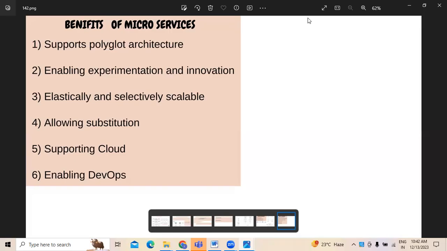And last but not least, as I mentioned some time back, one of the benefits of microservices is that they can be enabled with a DevOps environment. DevOps, by nature, uses an agile approach, wherein we have release cycles, even high velocity release cycles, depending on the need and the importance to the customer and what they are expecting.